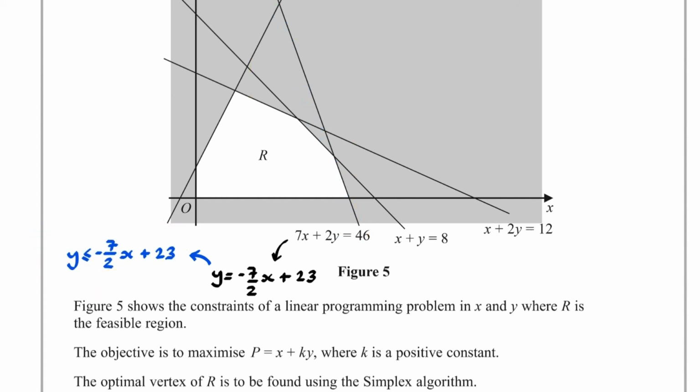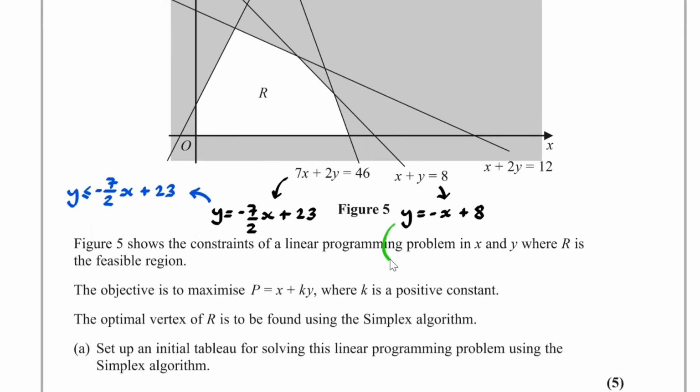If we now take a look at the line x plus y equals 8, here we have y equals negative x plus 8, and we want the region underneath the line, which means that y is less than or equal to negative x plus 8.